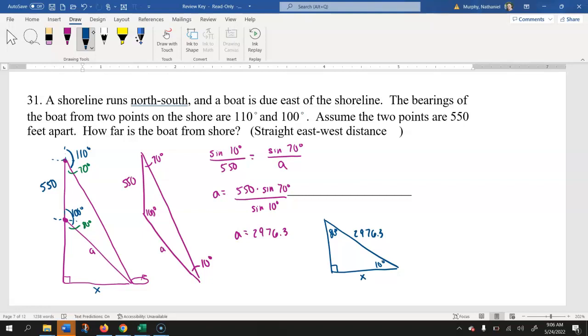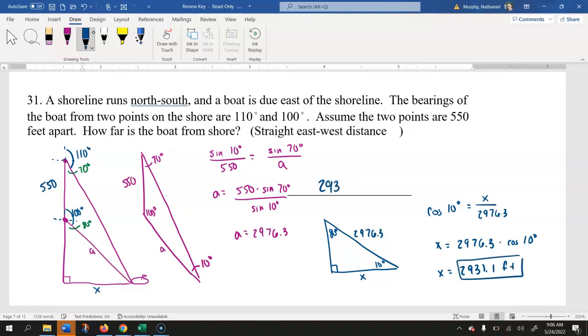Since this is a right triangle, we can use SOHCAHTOA. Using this 10-degree angle, the cosine of 10 degrees equals the adjacent leg, x, over the hypotenuse, 2,976.3. To find x, we multiply both sides by 2,976.3. Multiplying that times the cosine of 10 degrees, we get x is 2,931.1 feet. That's your answer for number 31.